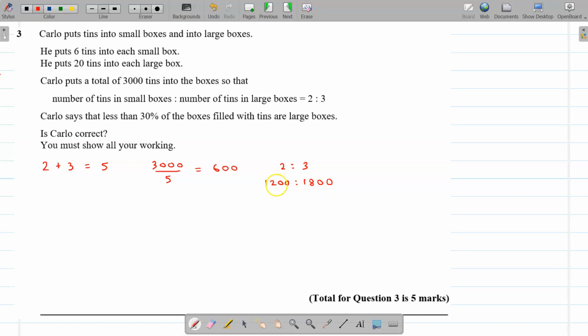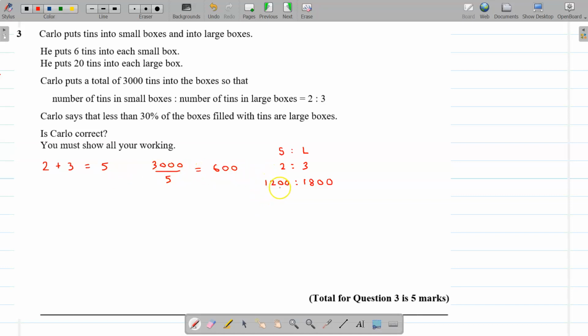So basically I've got 1,200 tins in small boxes. If I just put up here S and L, I think these sorts of abbreviations are clear enough, because it just says show all your working. It's not asking you to explain the working, it's just asking you to show it. It's very evident from that you know what you're doing.